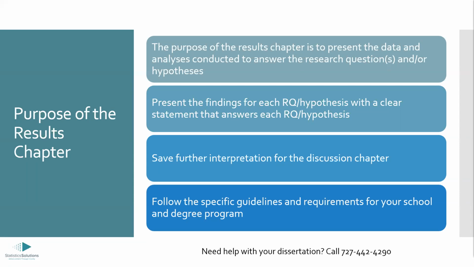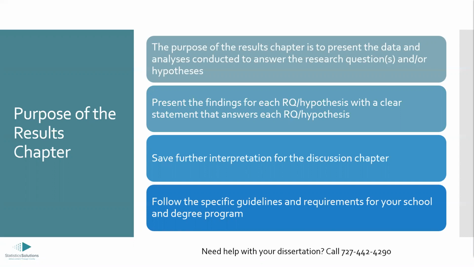And it's worth noting that we are going to be covering the sections that are most typical in a results chapter, based on our experience working with a lot of different students in schools, in terms of what schools most commonly require and what the general standards are for presenting the results chapter. But this is going to vary based on your school and your degree program, and sometimes even your specific committee members or reviewers will have specific guidelines for you to follow in terms of how you present your results.